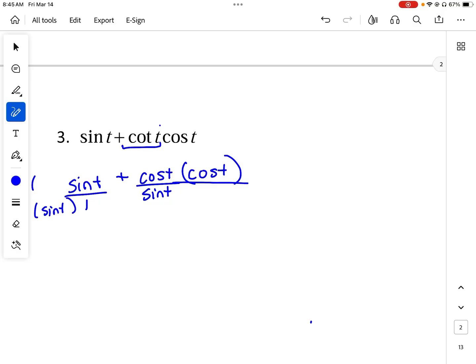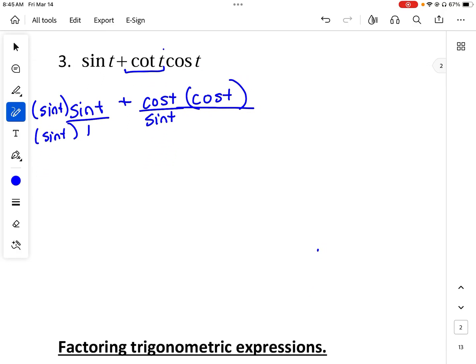So this is like over 1. I'm going to multiply times sine t, top and bottom, so I can get that common denominator. So this would be sine squared t plus cosine squared t all over sine t.